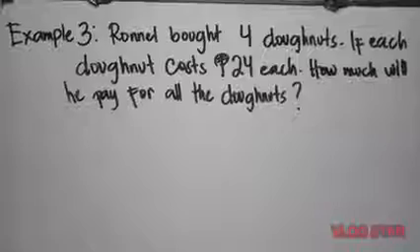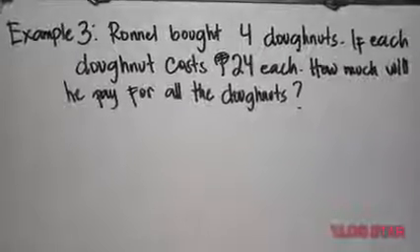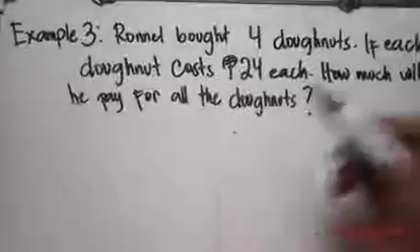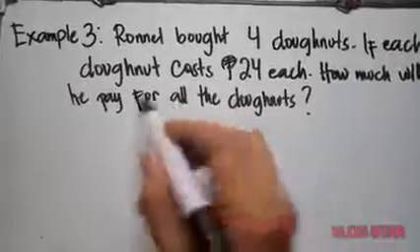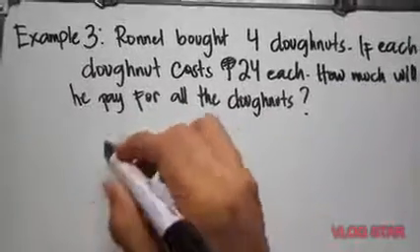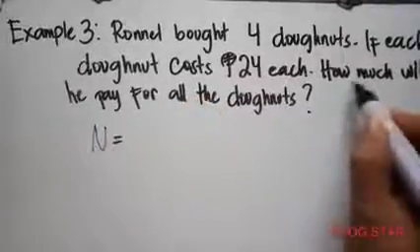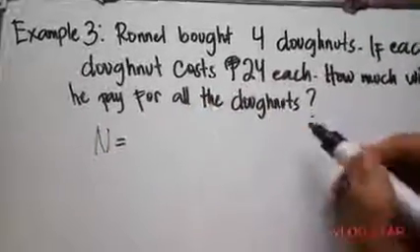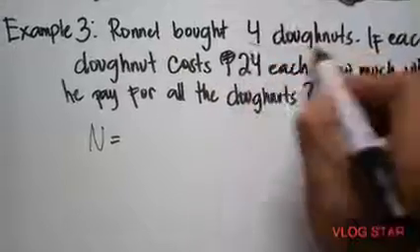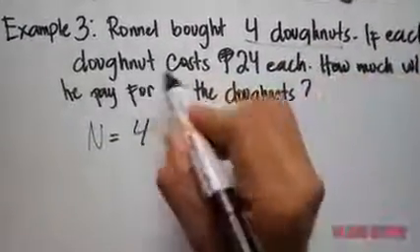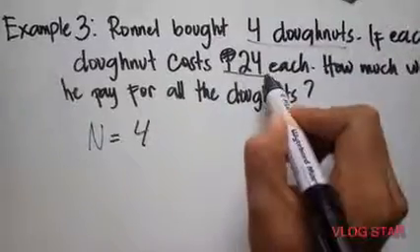Ronel bought 4 donuts. If each donut costs 24 pesos, how much will he pay for all the donuts? So let's say that n is how much he will pay for all the donuts. Since we have 4 donuts, then we can write 4. Then 24 pesos each.